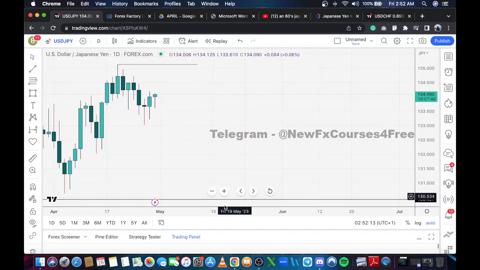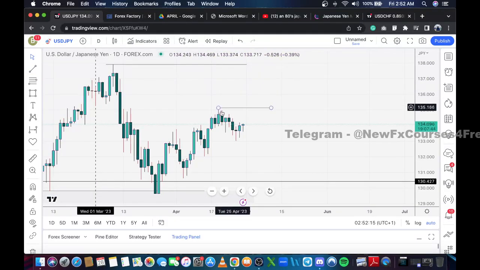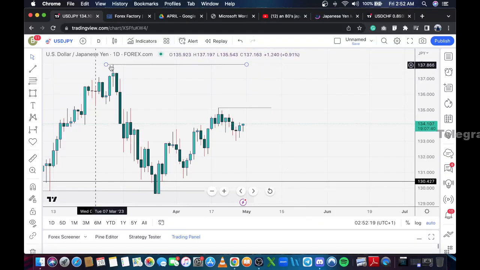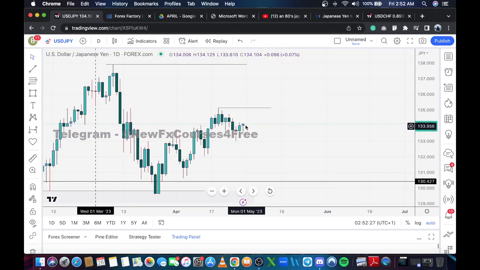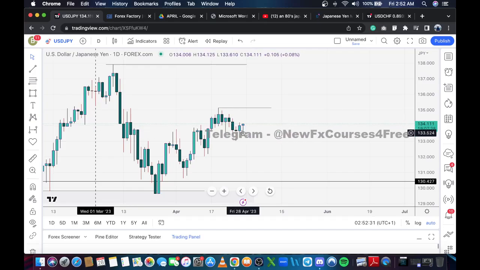And then if we can take out this liquidity on the buy side, we should try to reach up here on dollar yen using our tool. I think this is the last trading day before the new month forms.